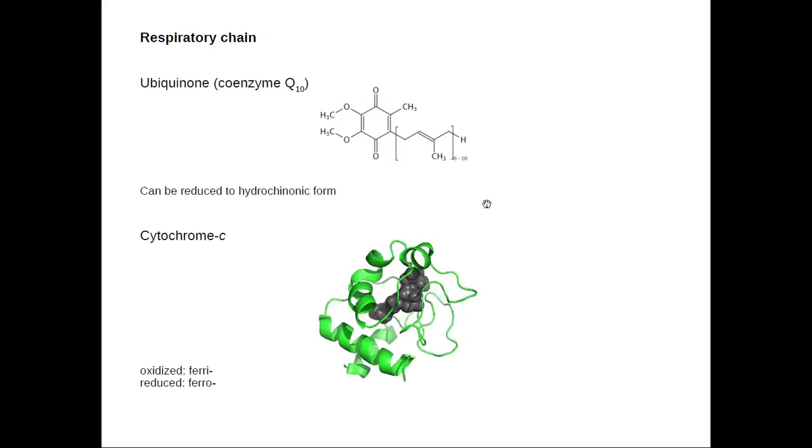I promised to show the structure of coenzyme Q, ubiquinone. So here is the structure of coenzyme Q. There is a chain which can be variable in length, so it could be 6 to 10 of these repeating units.